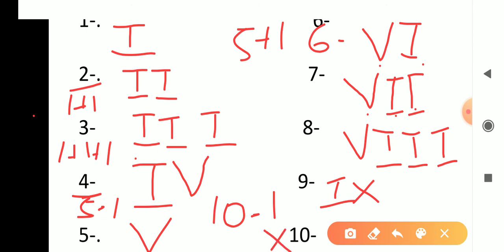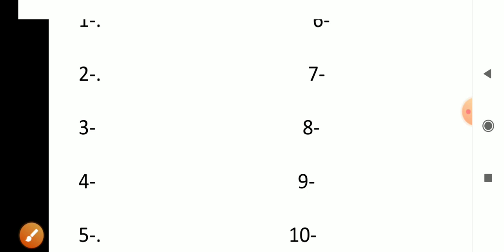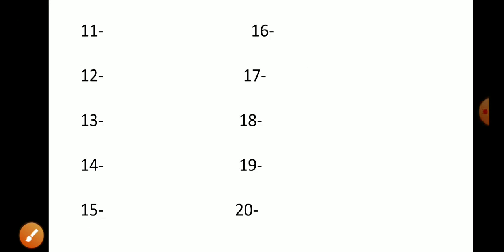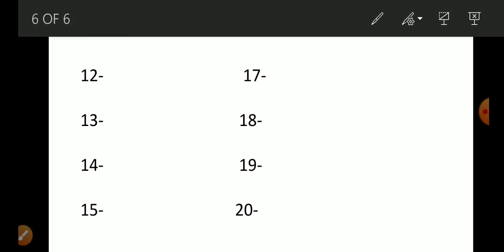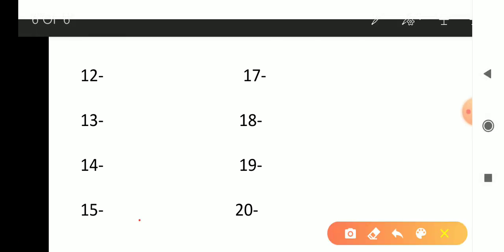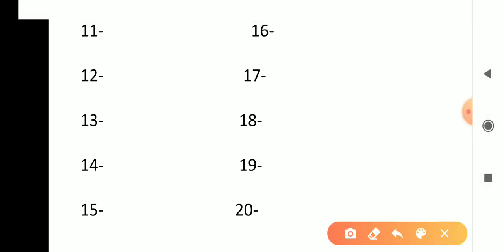So this is how we write the Roman numerals. Let's see some examples here. 11 means 10 plus 1.